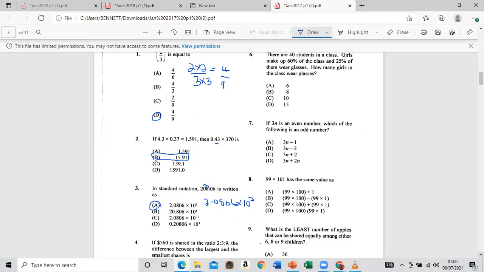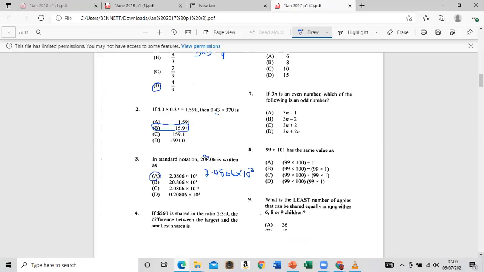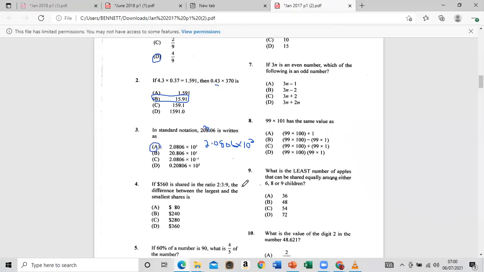Number 4 now. I did this one on another channel and another paper. 560 is shared in the ratio 2 to 3. The difference between the largest and the smallest share is. Alright, for those of you who are just joining for the first time, let us first add the ratio to know the total being shared.